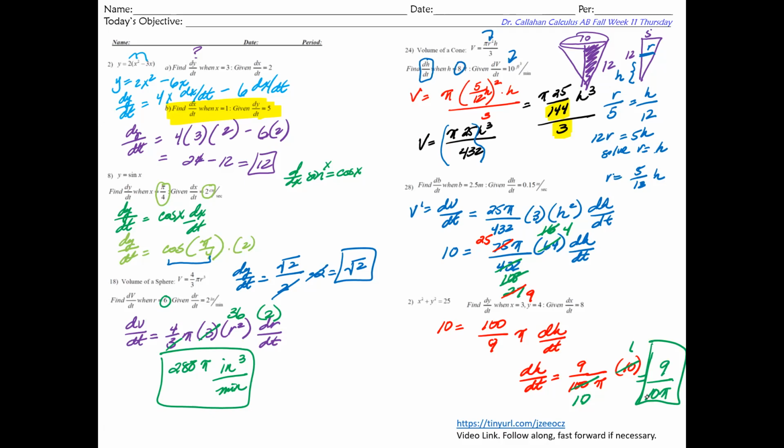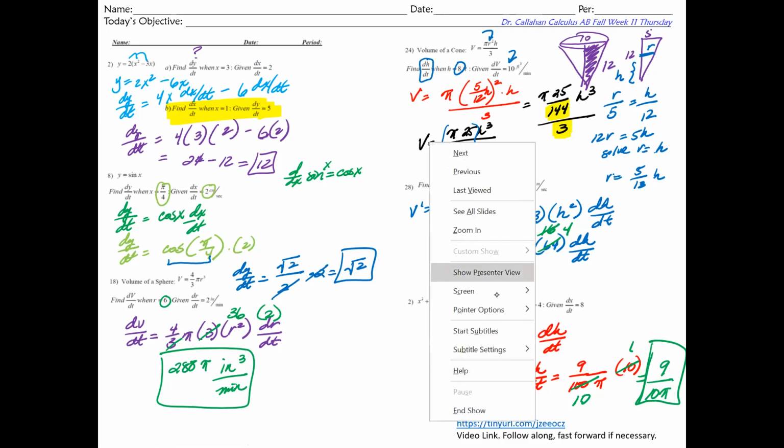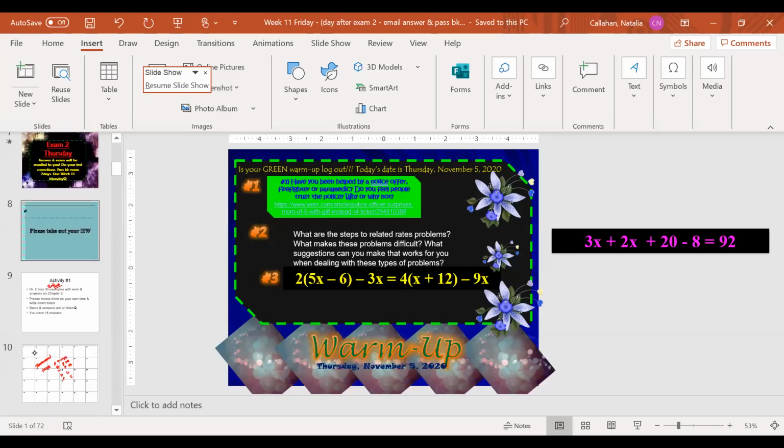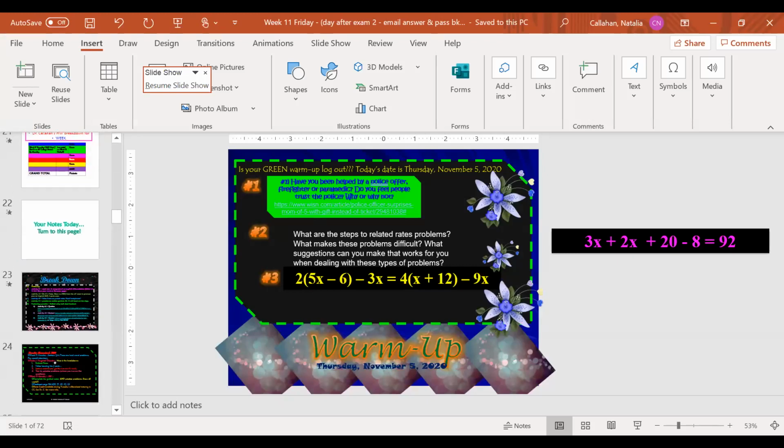Number 28, you will have to use the Pythagorean theorem. And then number 16 is not too bad either. So I'm going to have you go ahead and give those a try and see where you land. Again, you have your video on the very end in case you do need assistance with this. The link is on the very bottom.